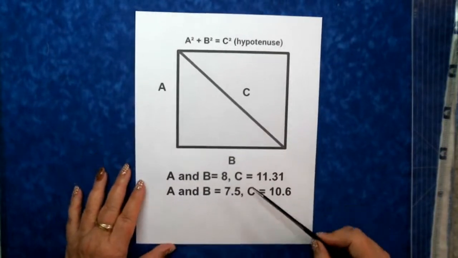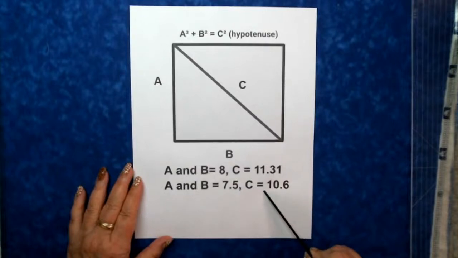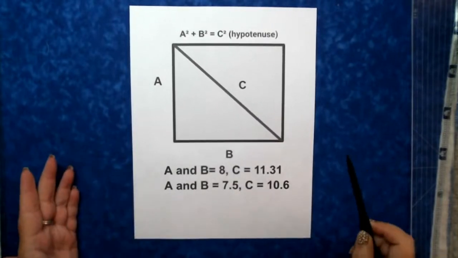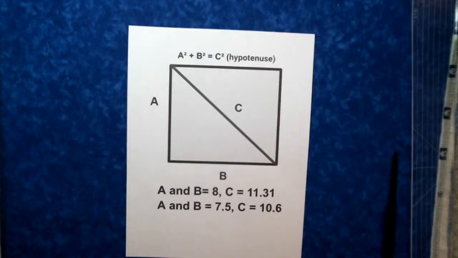So basically, you use a template that's going to fit, and then you go to the next size up for the second part of the design. Really simple. We're going to move over to the machine and I'm going to show you what I'm talking about. My first block is an 8-inch square.